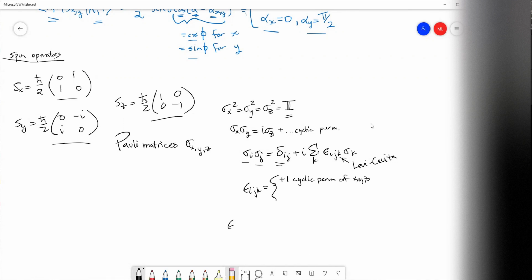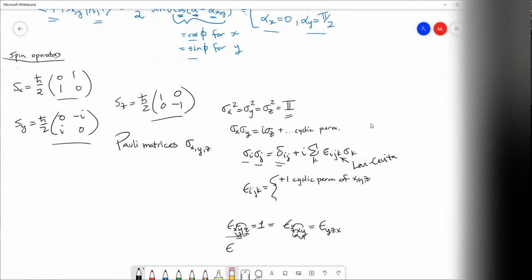So for instance, epsilon x y z is equal to 1. It's also equal to 1 if you take the cyclic permutations, which means you permute these around cyclically, like you slide them all around each other in a little circle or counterclockwise. So this is also equal to epsilon z x y, and then you can permute them again around, and you'll get epsilon y z x. And if you do it again, you're back to where you started.